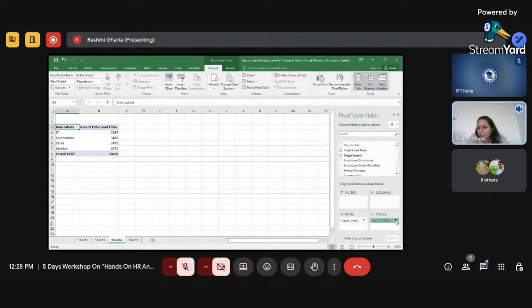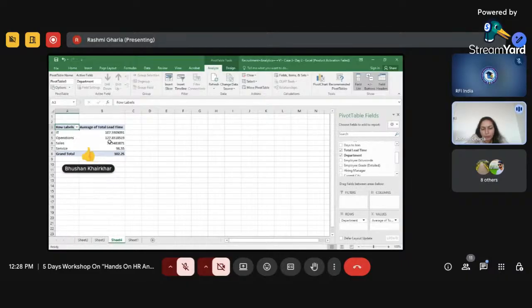I'm taking the average lead time in each case. So you see for which department, when you hire the candidate, the lead time is very less and for which department the lead time is very high. This can be one of the insights that you can draw out of it.